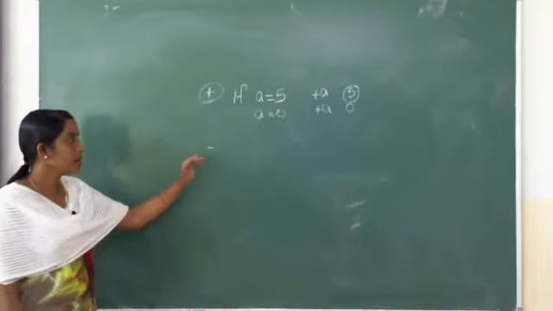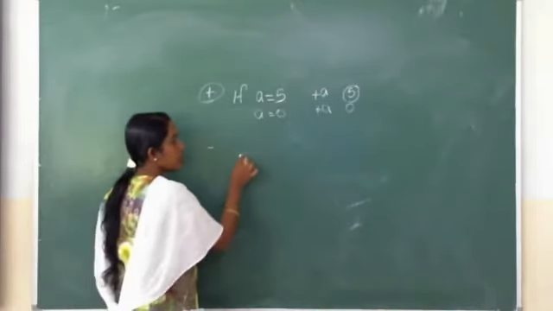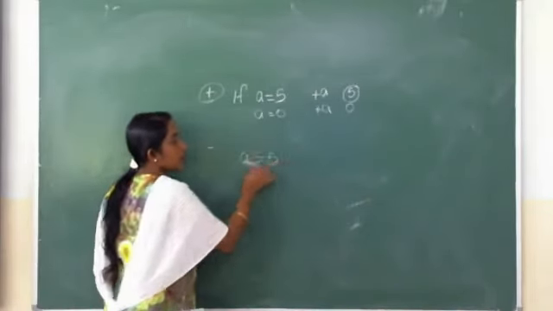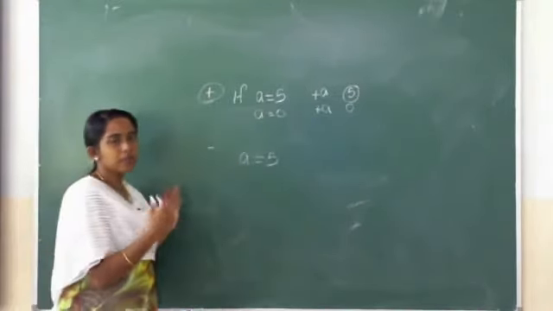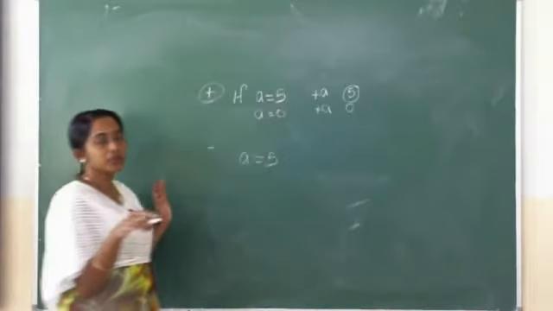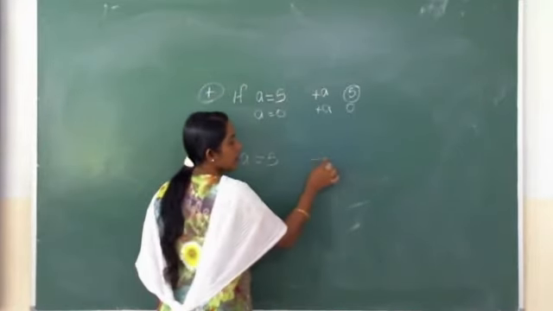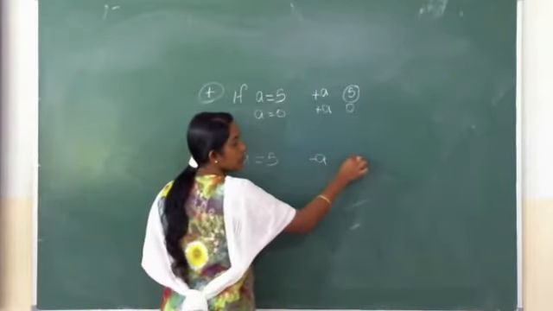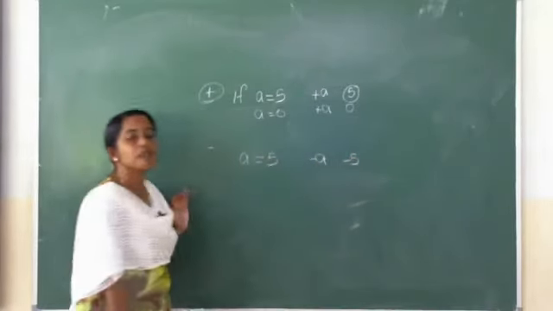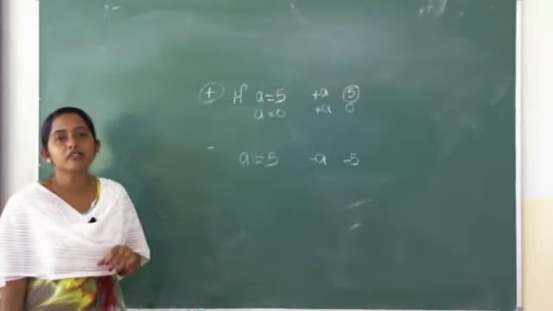And for minus, there is one change. If a equal to 5, and while doing an operation, such as a plus b or any operation, instead of a we give minus a, you will get the result minus 5. It will be treated as minus 5.